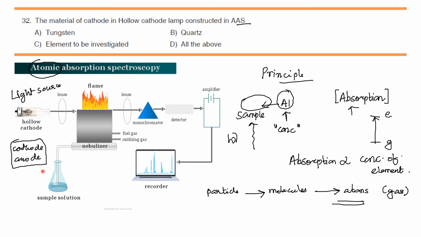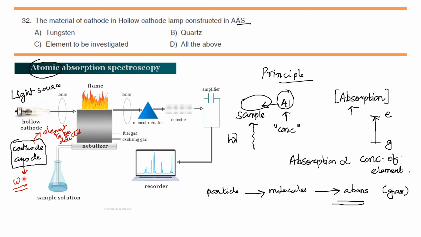Now, what material is used to make this cathode and anode? Anode is usually the element tungsten. Okay, but the cathode is made up of the element to be detected. So the hollow cathode lamp is the light source of atomic absorption spectroscopy. It has a cathode as well as an anode, which is enclosed inside a cylindrical glass tube.